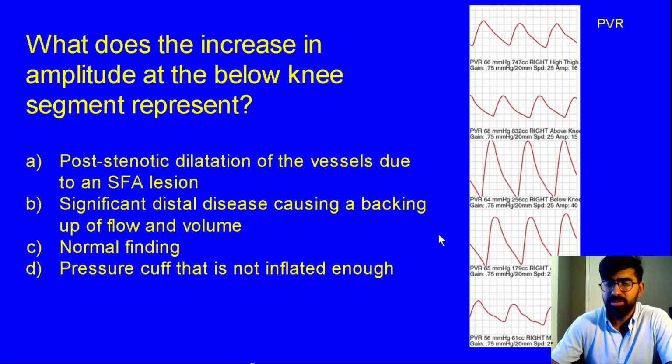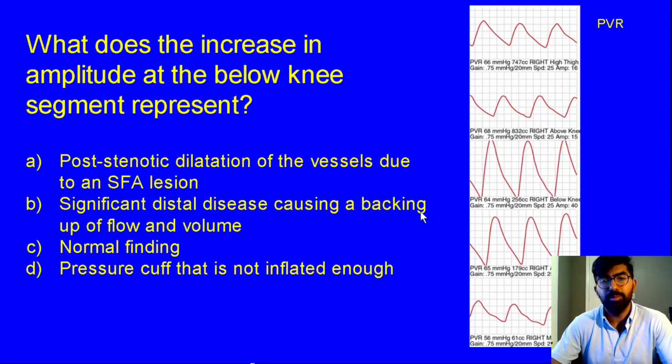Is it poststenotic dilatation of the vessels due to an SFA lesion? Is it significant distal disease causing a backing up of flow and volume? Is it a normal finding, or is it a pressure cuff that is not inflated enough? So think about that for a bit. From test-taking purposes, think about the ones that are obviously wrong.